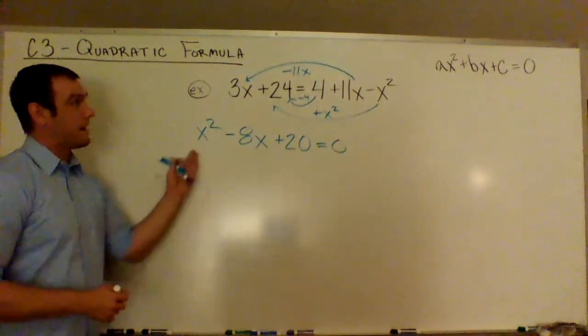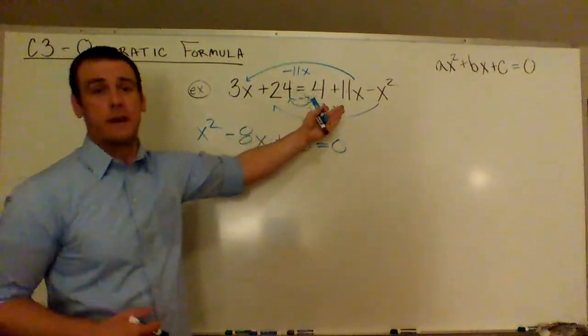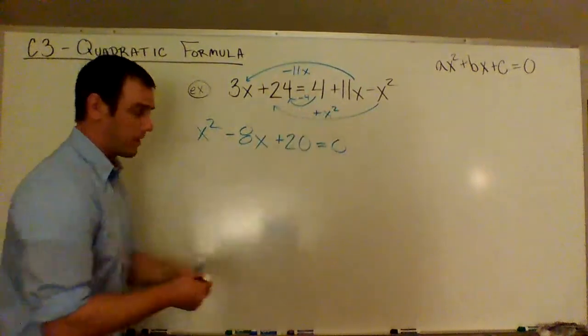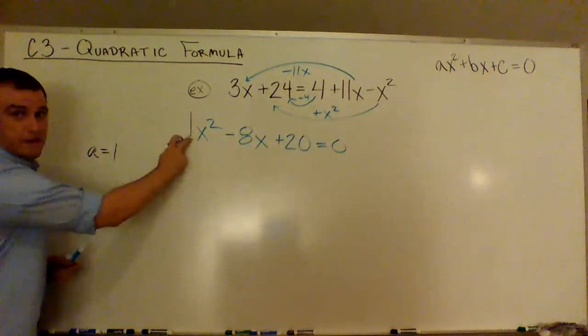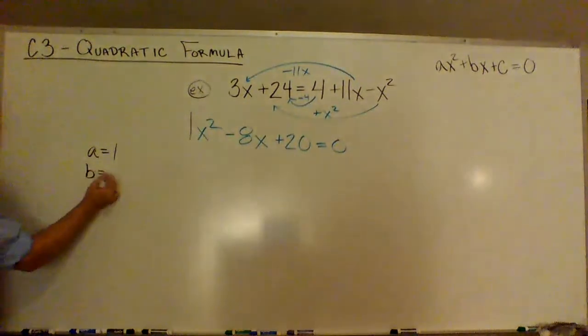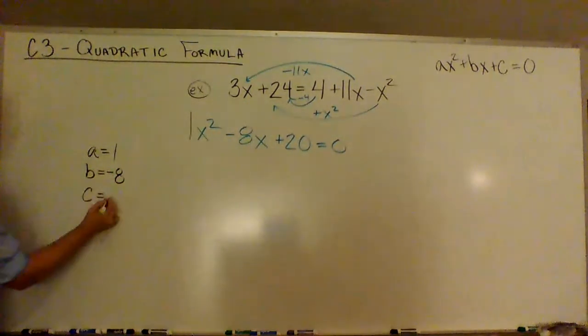So, now I'm in the form ax squared plus bx plus c equals 0. That means a equals 1, our invisible man out here. b is going to be negative 8, and c is going to be 20.